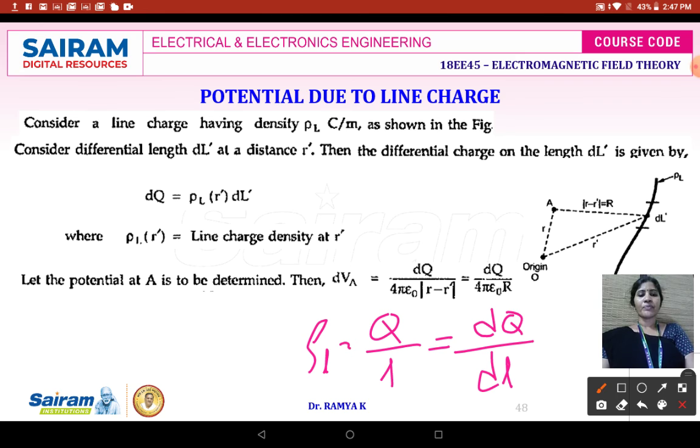Therefore, dQ is equal to rho L into dl. That only we have substituted over here.